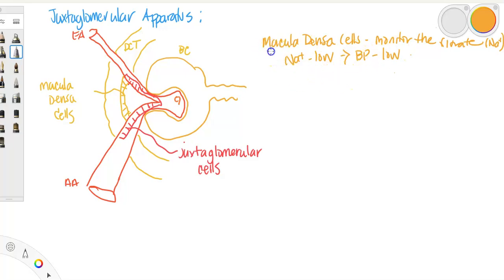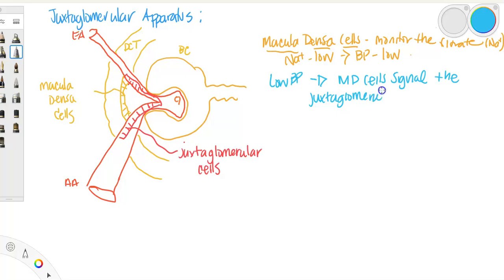So when the macula densa cells find or feel low blood pressure, what they do is signal the juxtaglomerular cells to secrete renin.